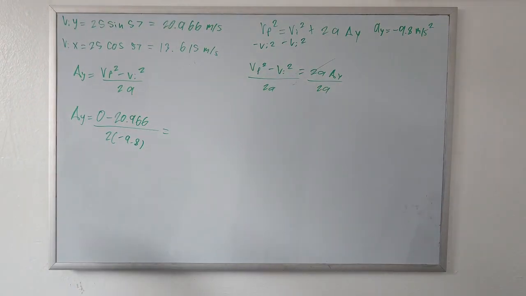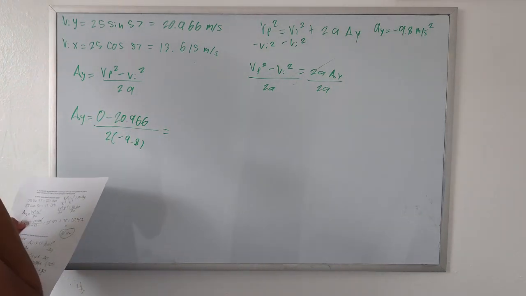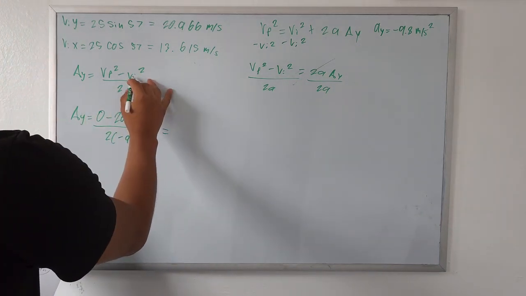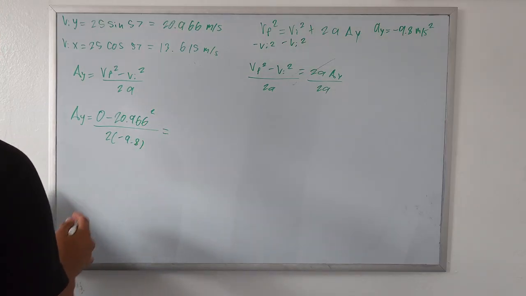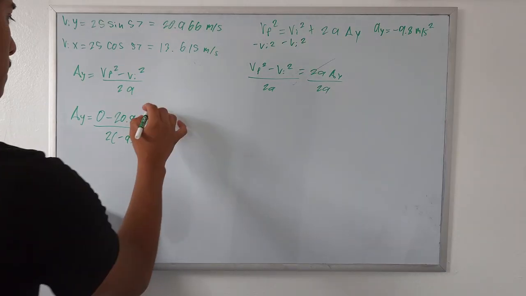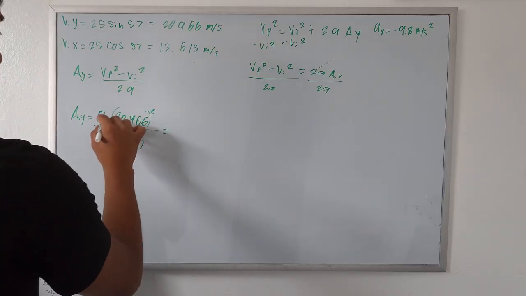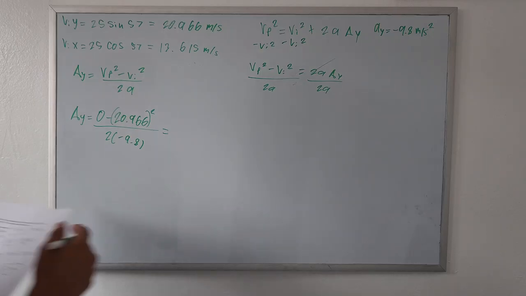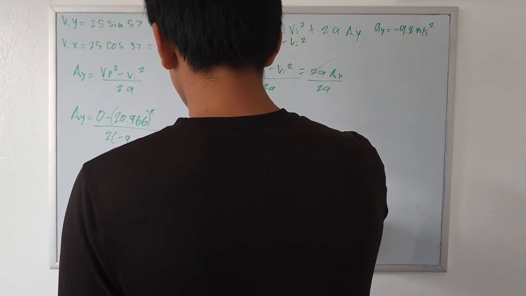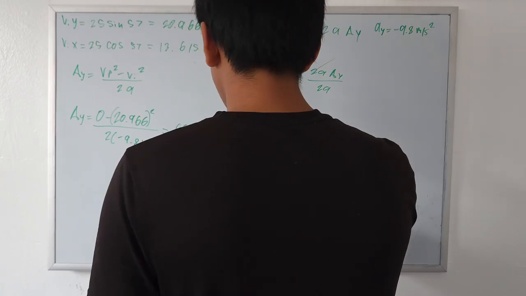Now we plug that into the calculator. Since this is squared, we have to square this, and it's just this that is getting squared, not the negative. When you plug that into the calculator, you should get 22.427 meters.